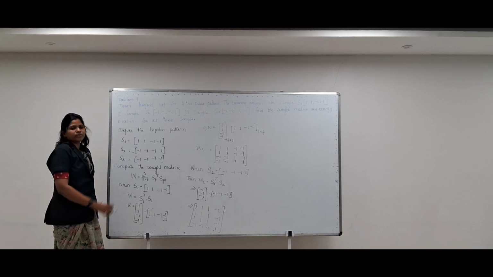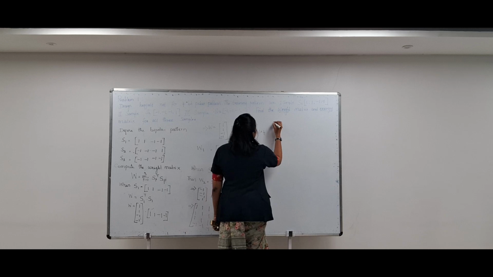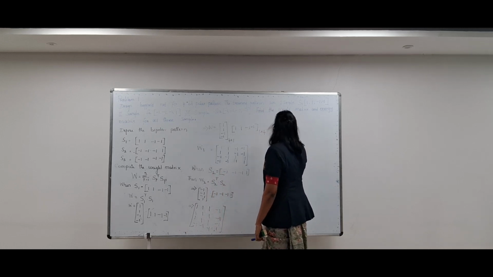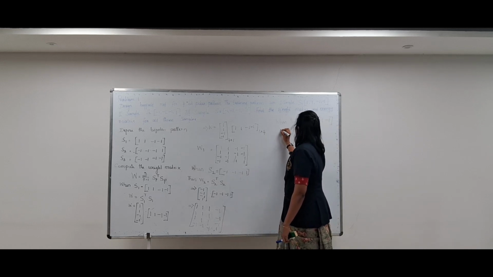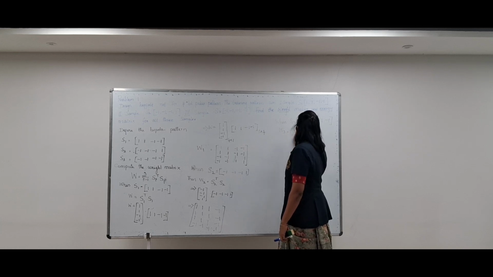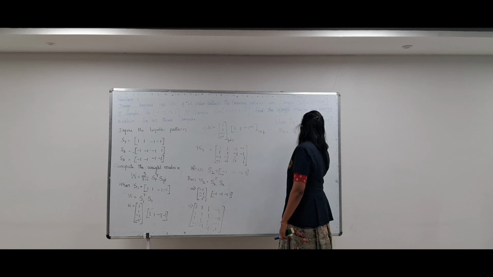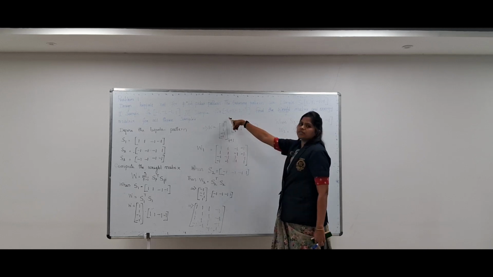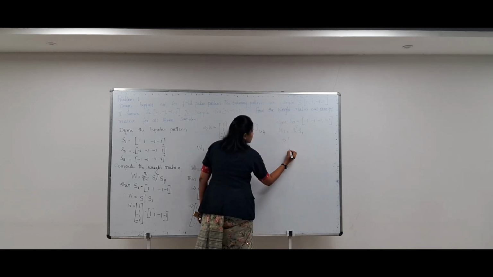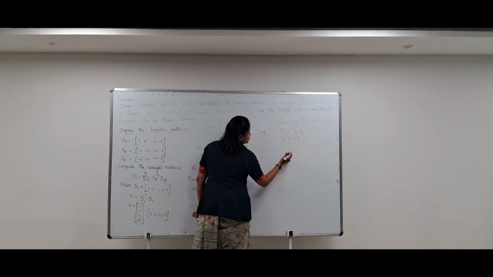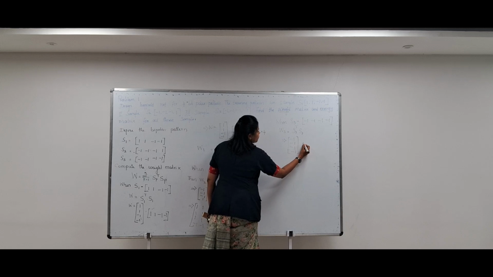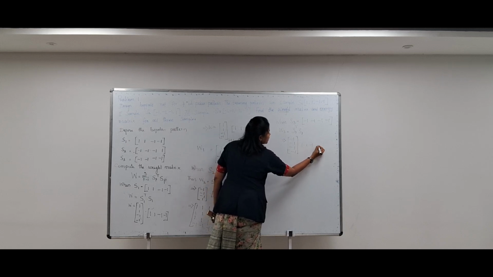So let's compute the weight for the third sample. When S3 is equal to minus 1, minus 1, minus 1 and minus 1, W3 becomes S3 transpose into S3, which implies the transpose of the third sample, minus 1, minus 1, minus 1, minus 1, into minus 1, minus 1, minus 1 and minus 1.